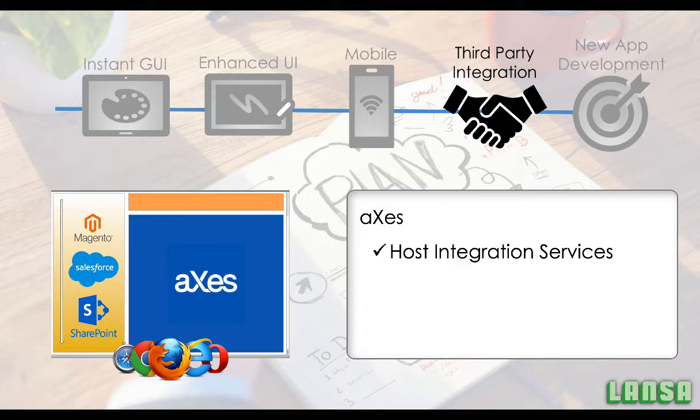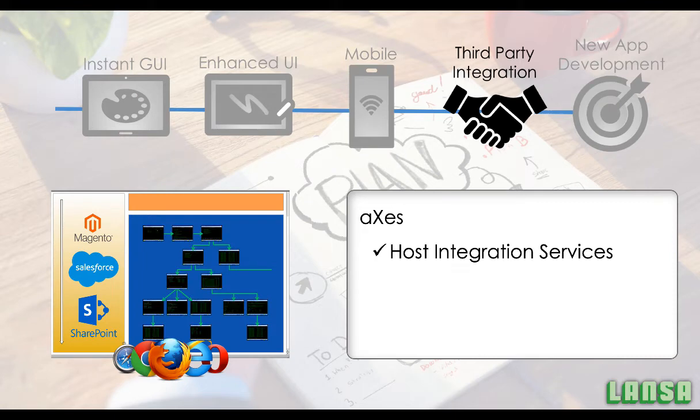So for example, let's say you're a Salesforce.com customer and your users need to see ERP data from within the actual cloud-based Salesforce application because they're just tired of always alt-tabbing back and forth between the browser and client access. So with host integration services, if you look on the left there, you can embed an Axis panel into the Salesforce application, and then Salesforce can tell Axis what to do.